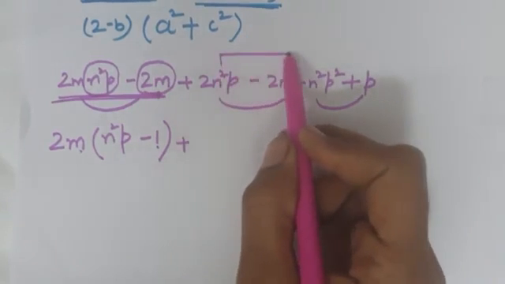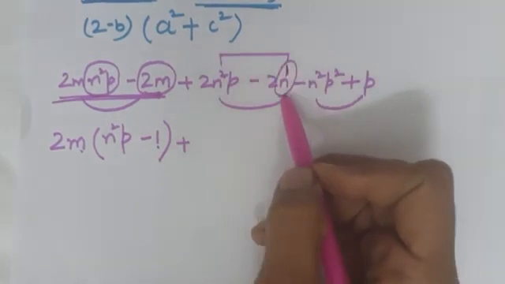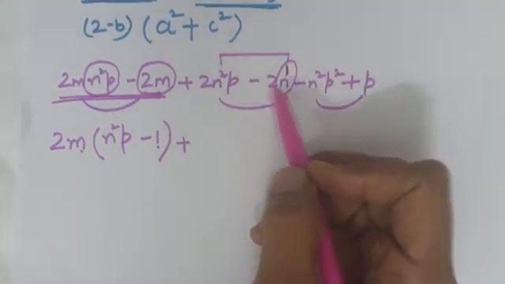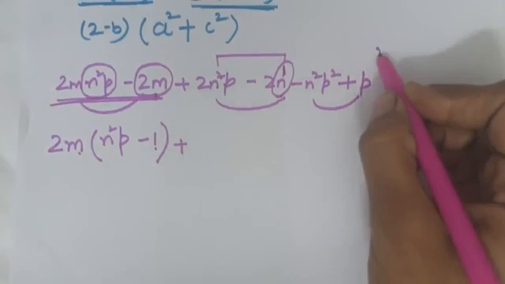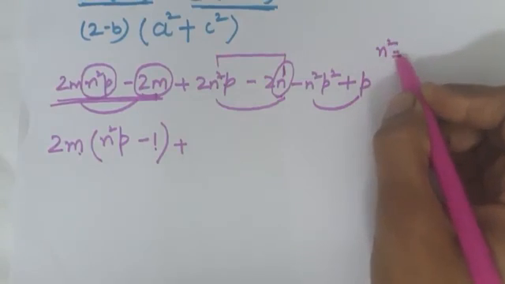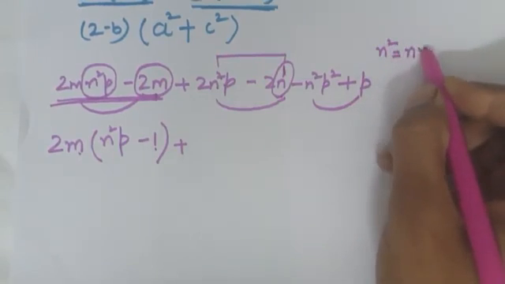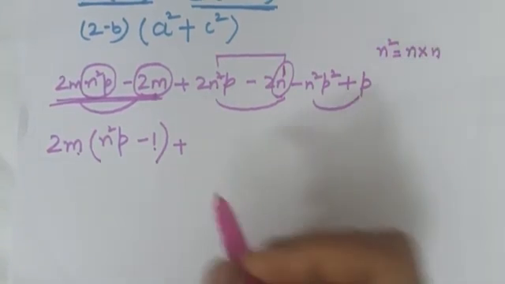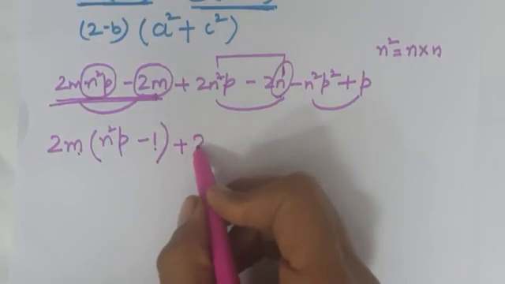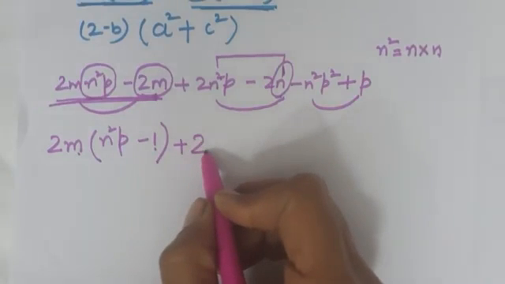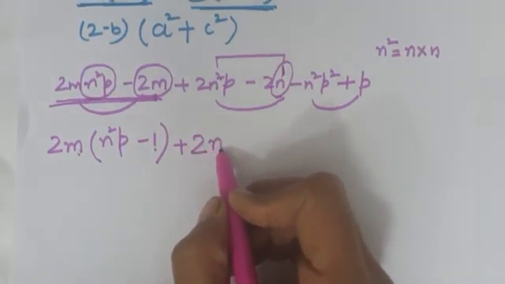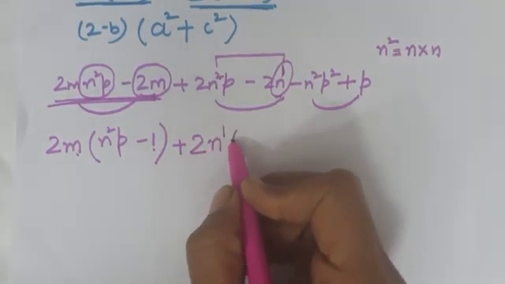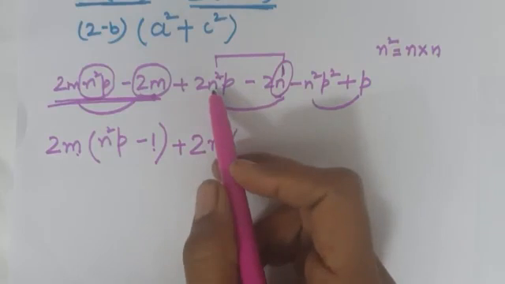Which is smaller? n raised to power 1 is smaller, because n raised to power 2 can be written as n into n. So can I take 2 common? Yes. Can I take n raised to power 1 common? Yes. So what is left?